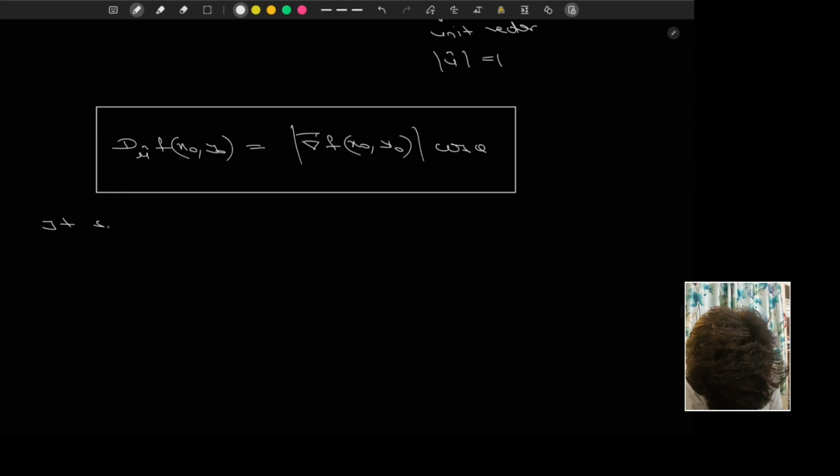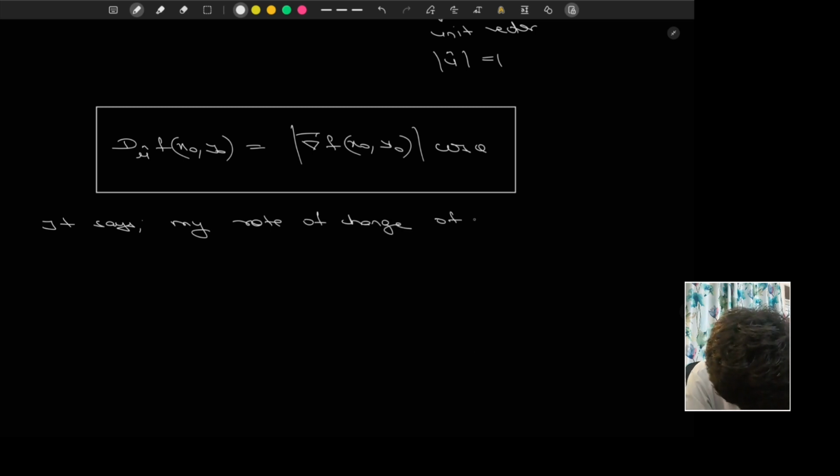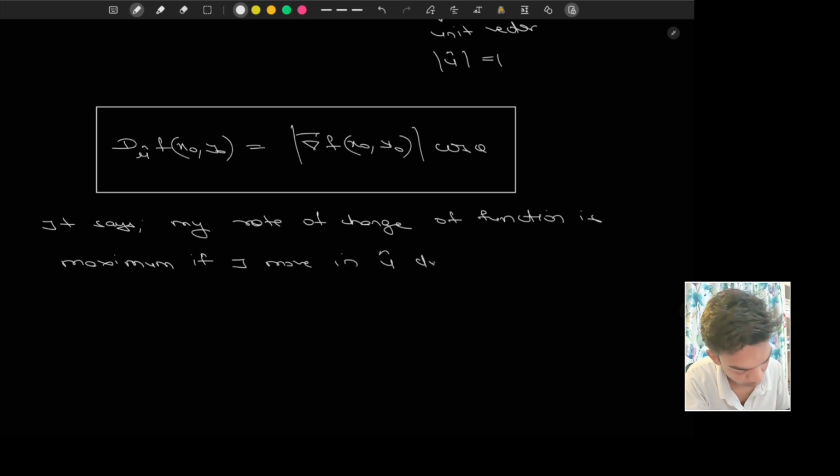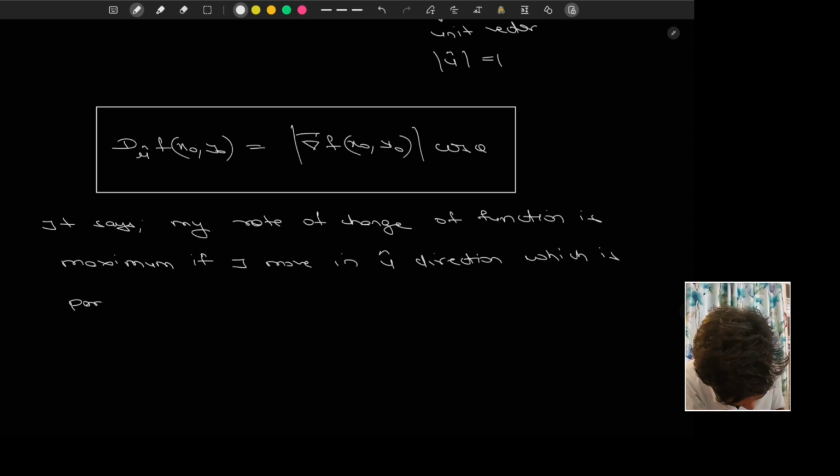So it says, this is very important, please pay attention, my rate of change of function is maximum if I move in the u direction which is parallel to the gradient at that point.